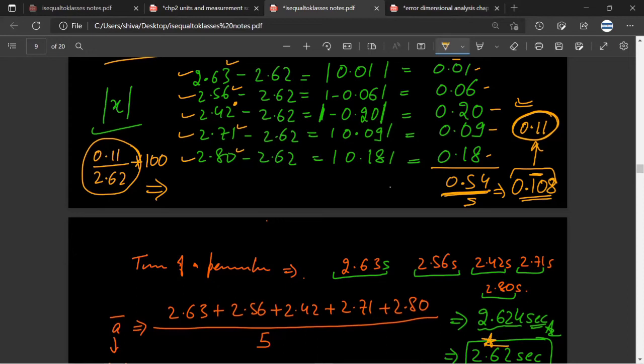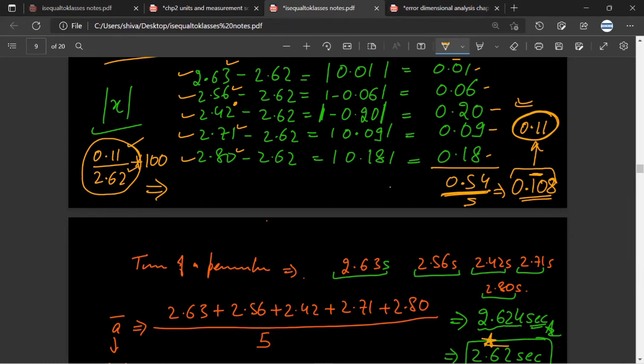So let me use my calculator. 0.11 divided by 2.62. Two significant digits, since I am adding and subtracting, it will be 2 significant digits.